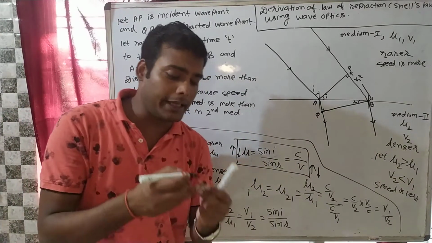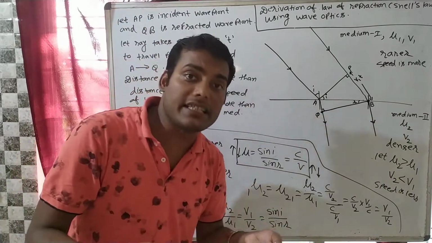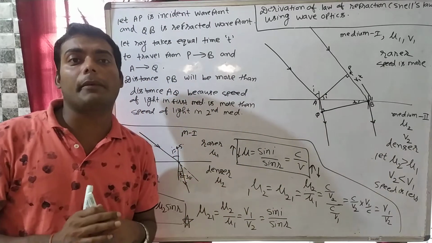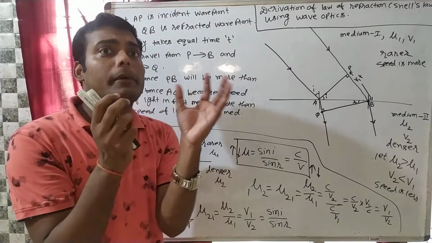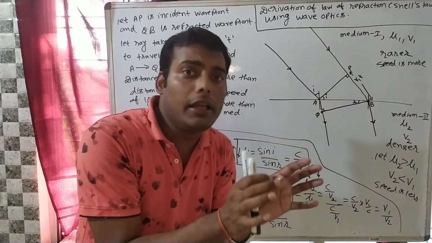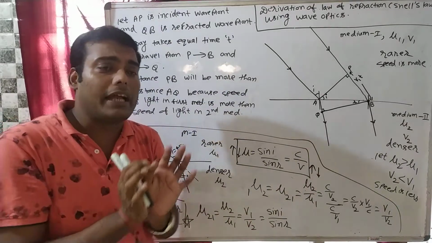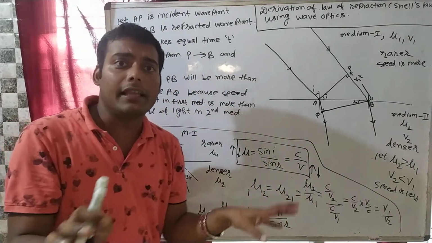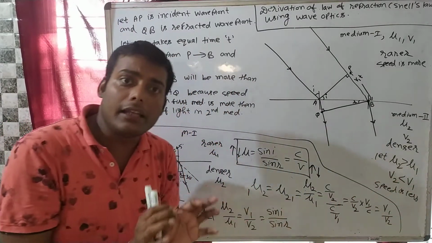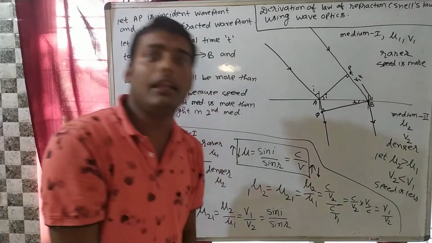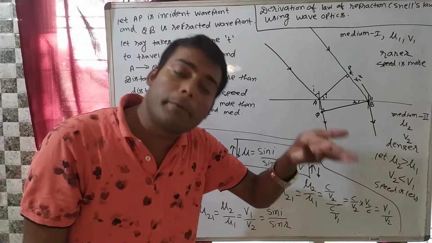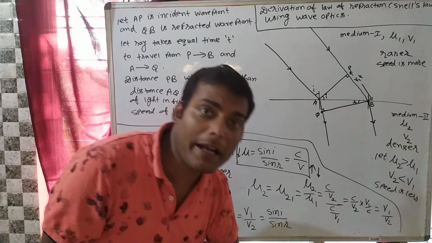From this we find out which one is the optically denser medium and which one is the optically rarer medium. Optically denser means the medium in which light moves slowly. For example, in air the speed of light is more, and in glass the speed of light is less, because glass is an optically denser medium with respect to air.